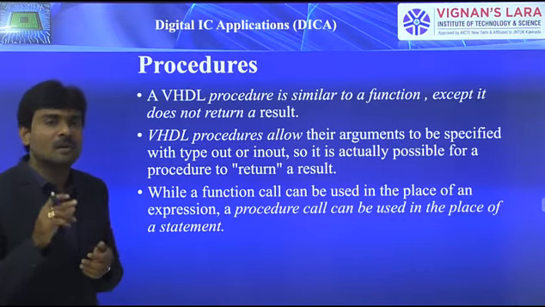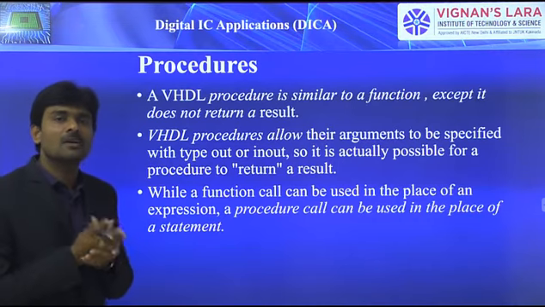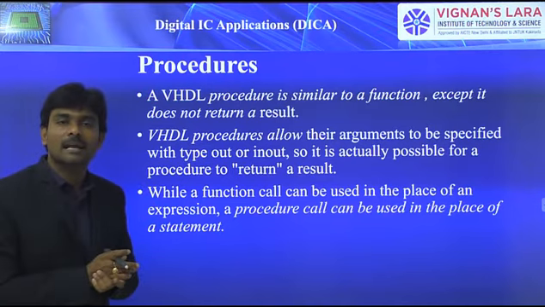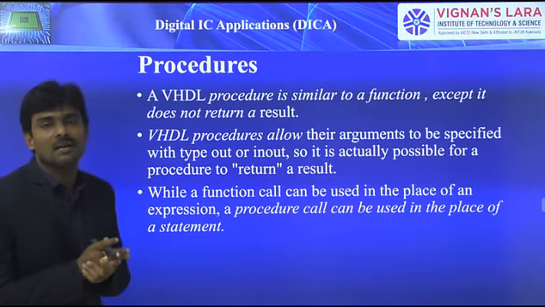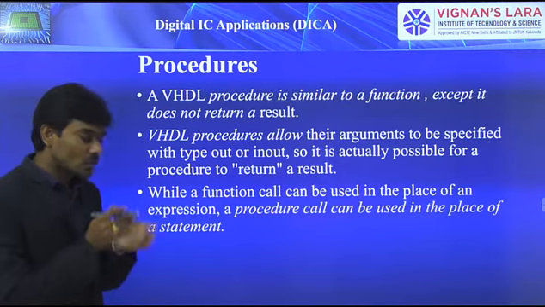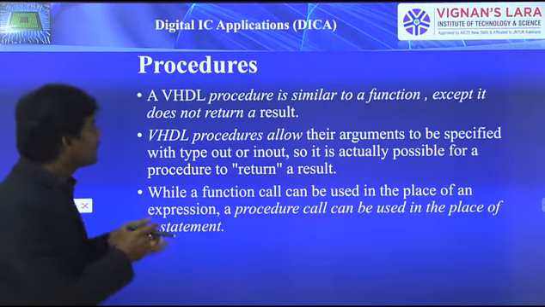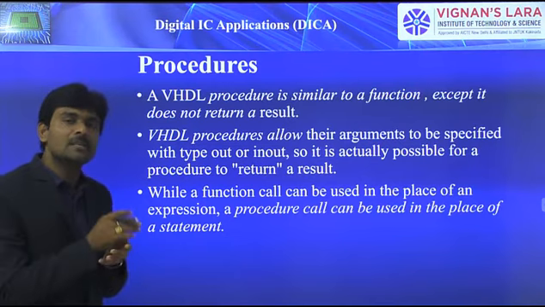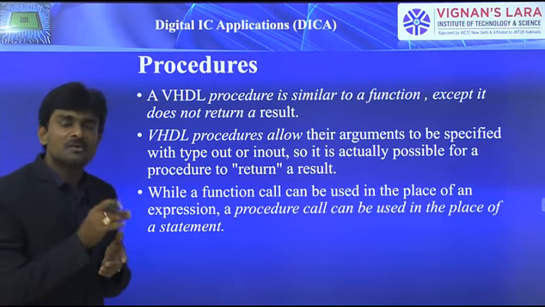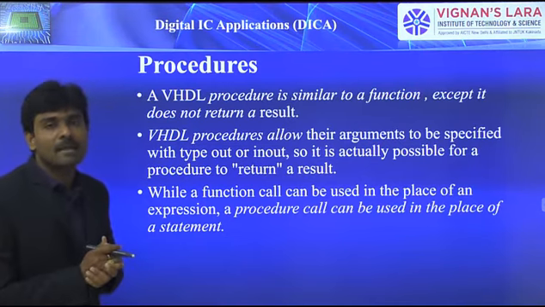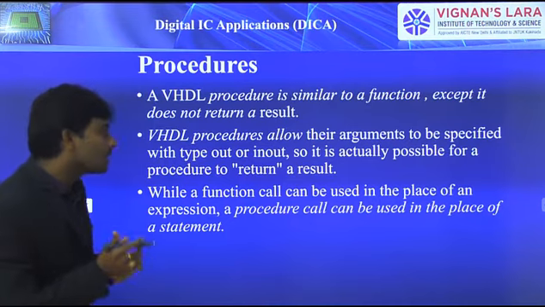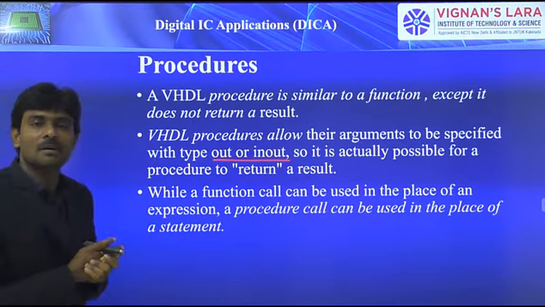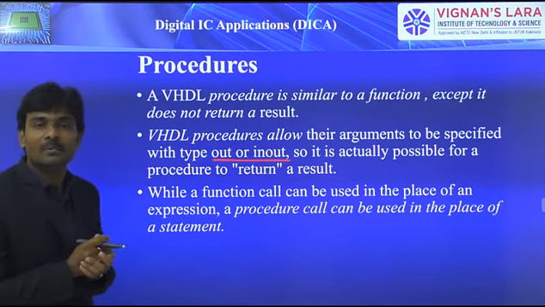Convert_integer of n, where that particular n we called a formal parameter. So that itself we can call the arguments of that particular function. Okay, so this particular procedure also consists of arguments, and for those arguments we can mention the type as out or in out.